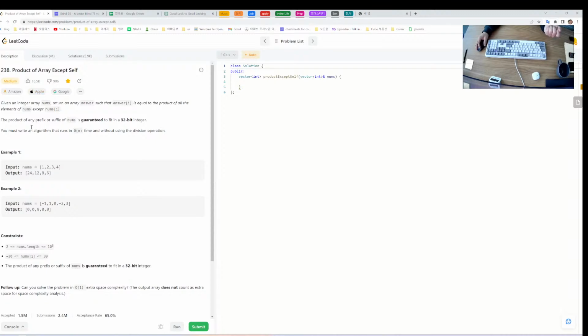Given an integer array nums, return an array answer such that answer[i] is equal to the product of all the elements of nums except nums[i]. The product of any prefix is guaranteed to fit in a 32-bit integer.